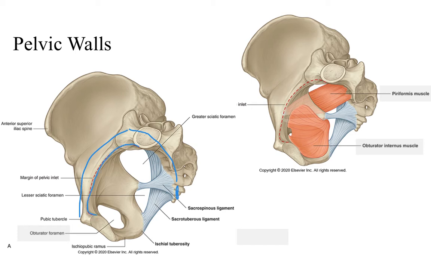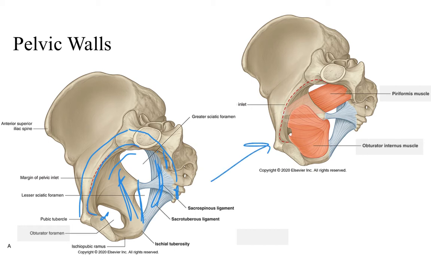Your walls would be contained within this region between the pubis and the sacrum, and the lateral bony walls of the pelvis, part of the ilium and ischium, right here. Notice the ligaments that are tying the sacrum and the coccyx to the ischium. You don't need to know what those ligaments are, but be aware that there are ligaments there holding them together. They don't just sit freely.